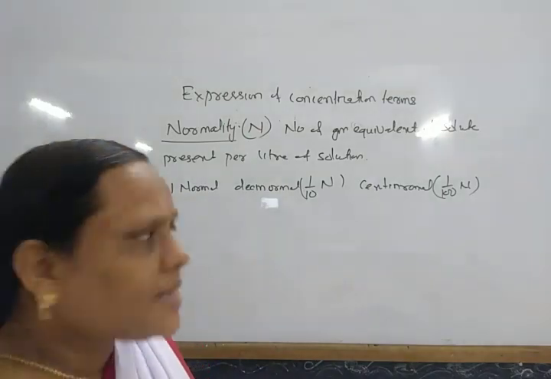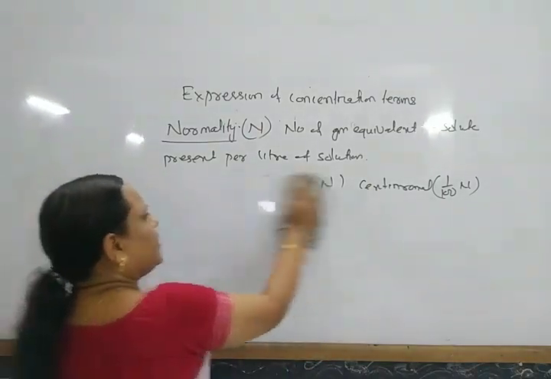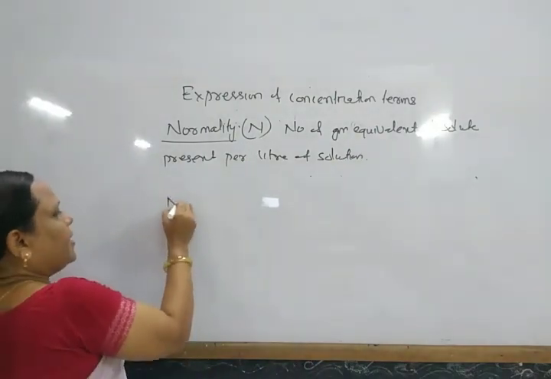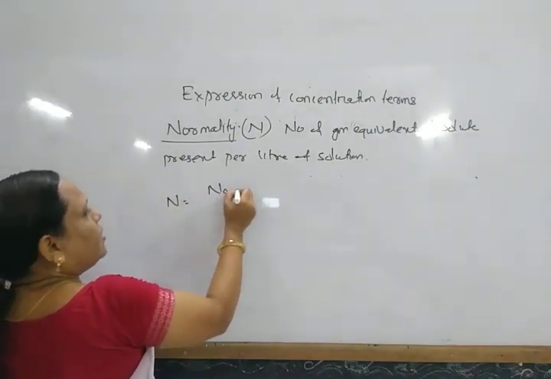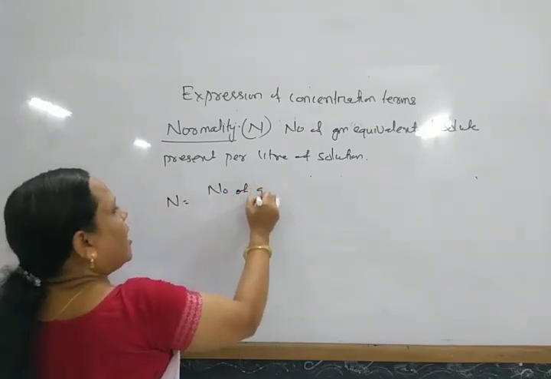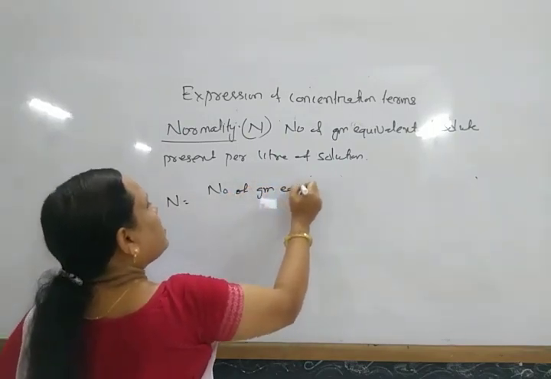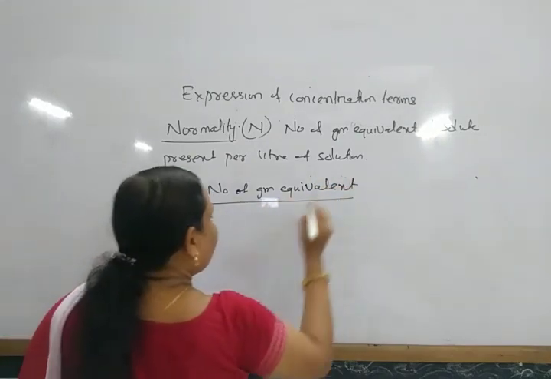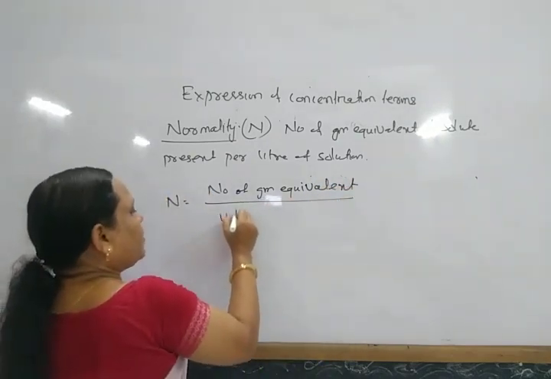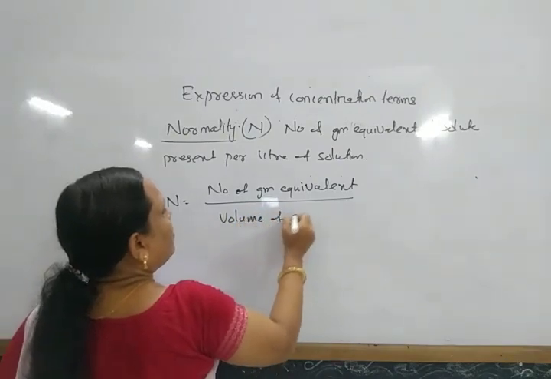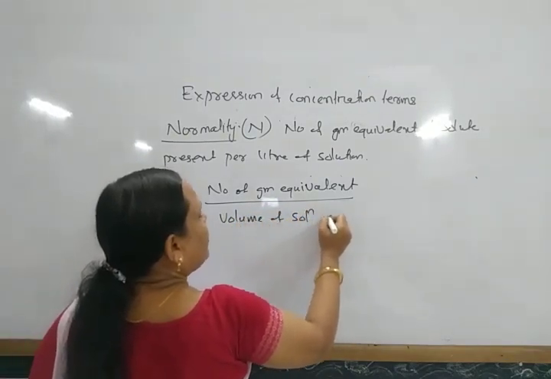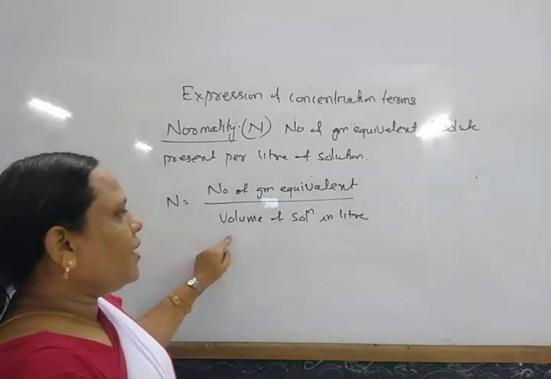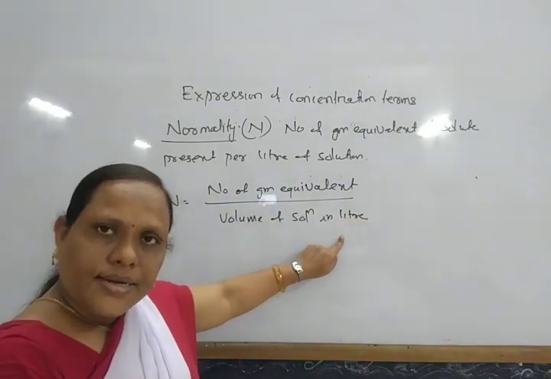So what is the mathematical relation of normality? Normality N equals number of gram equivalents divided by volume of solution in liter.